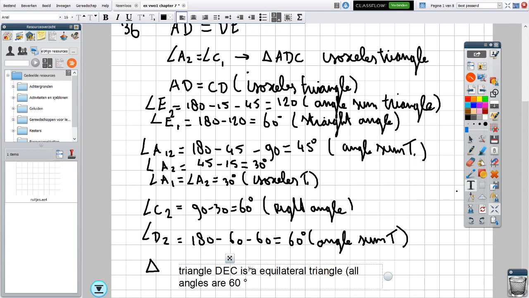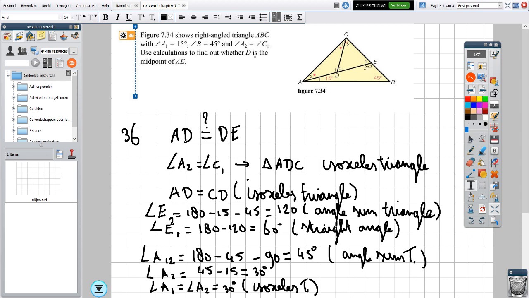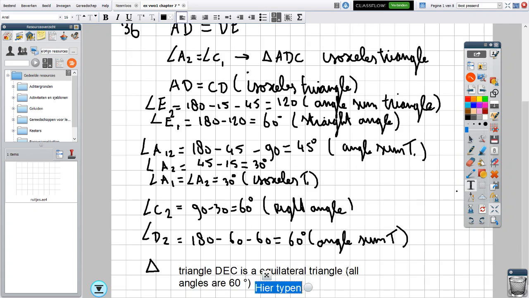That means in this case that DE is equal to CD, and we know that CD is equal to AD. So that's going to be my next step.